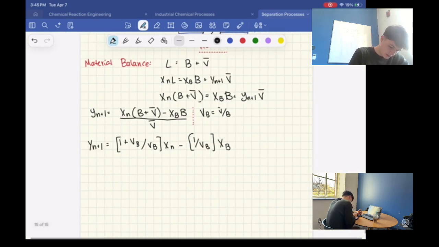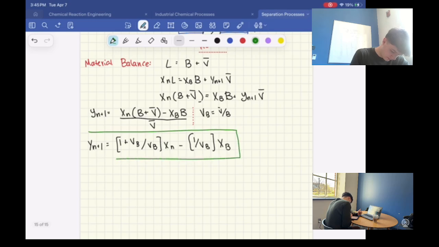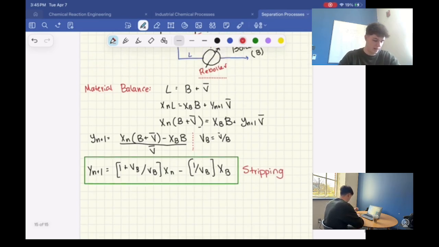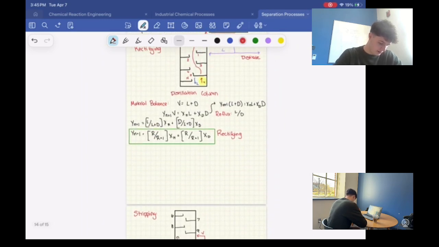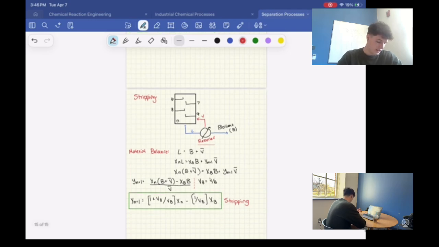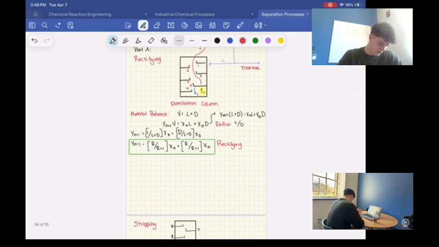So again, I will put this in a little box and write stripping. Now I want you to pay attention here to the overlap in what we did. The diagrams are essentially inverted. In the first one we were looking at our vapor, and then using that calculated ratio of our leftover liquid to distillate and finding our equation, as you can see here.